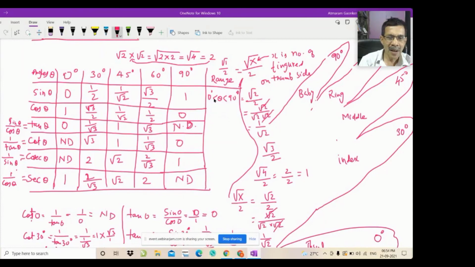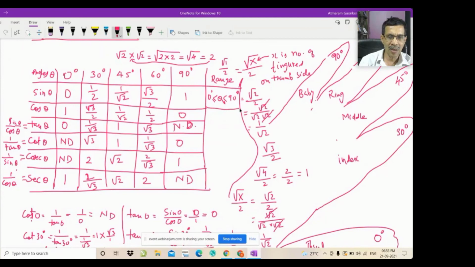So it is not only greater than 0 degrees, it is also equal to 0 degrees. Theta is greater than or equal to 0 degrees, and theta is less than or equal to 90 degrees. And this means that angle 0 and 90 degree are included. So in the definition of sine function, all angles between 0 and 90 degree and also 0 and 90 degree are included.